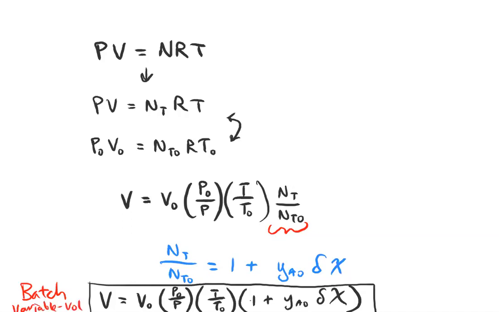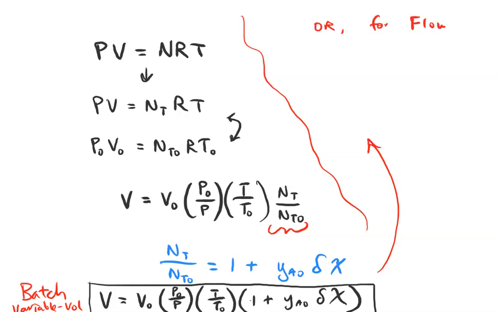If instead, I'll just draw a line here, for flow reactors, you can hopefully clearly see how you can do all the same things, it's just your little v instead of big V. And I could write this in a different order, but I'll keep it in the same order here.